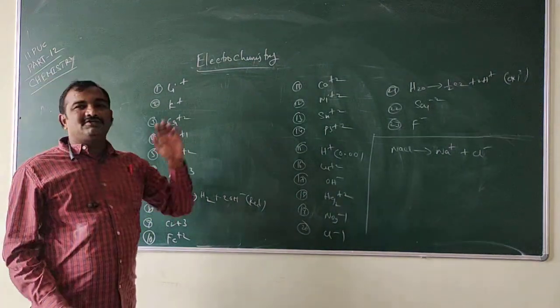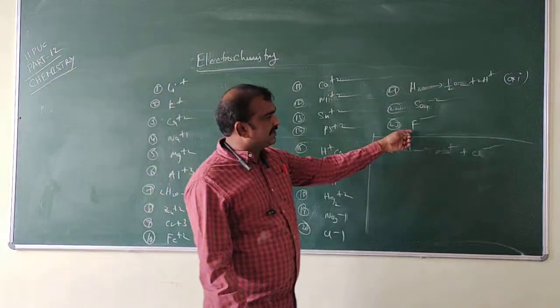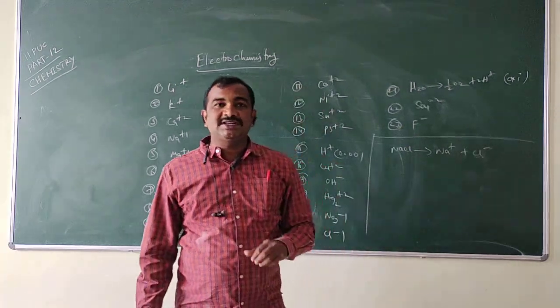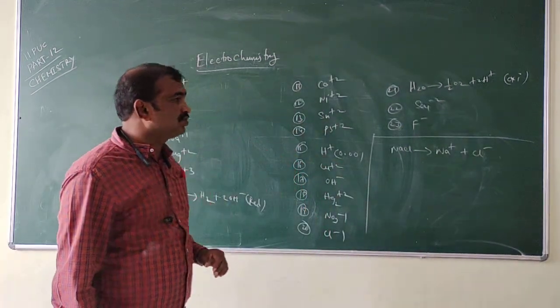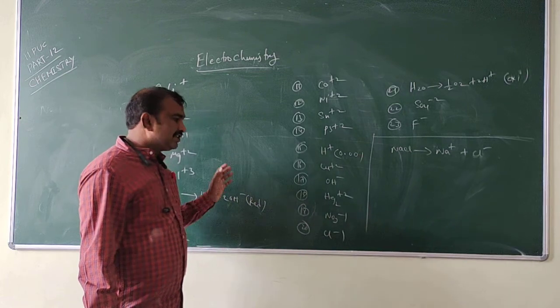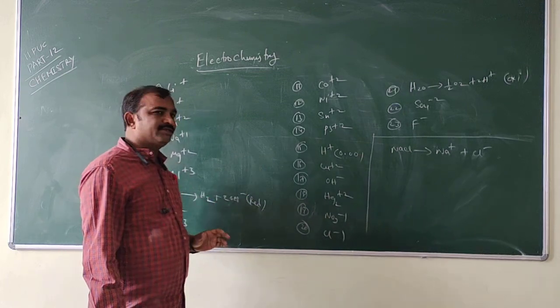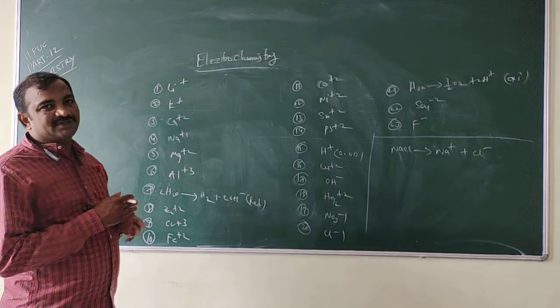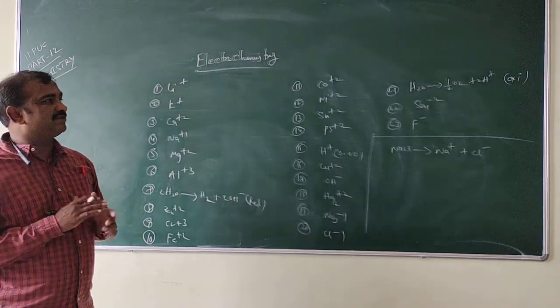After that all the others come. The last, F minus, belongs to the 7th group. Like this, you have to remember the order. If you memorize and practice this, it becomes very easy.